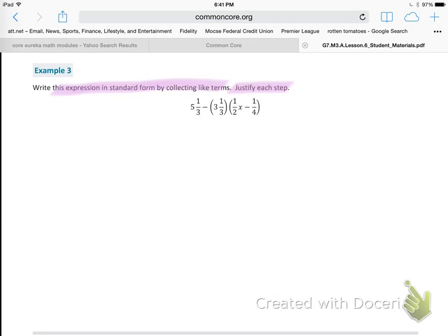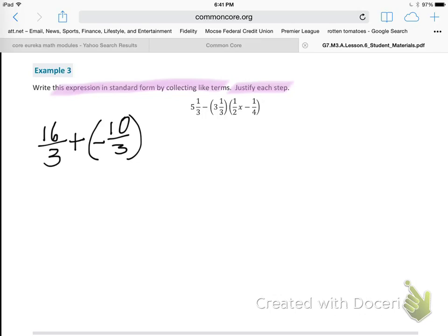So let's go ahead and do that right now. 5 1/3 is going to become 16 thirds. Okay, and let's just get this out of the way too. Let's write these as sums, which is so much easier. And 3 1/3 is -10 thirds.